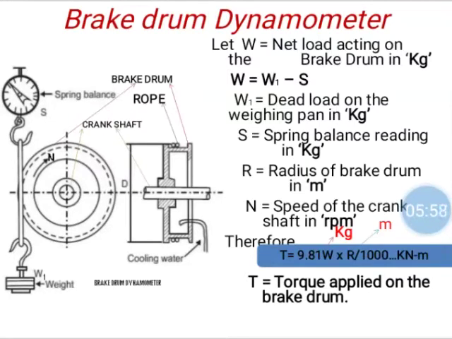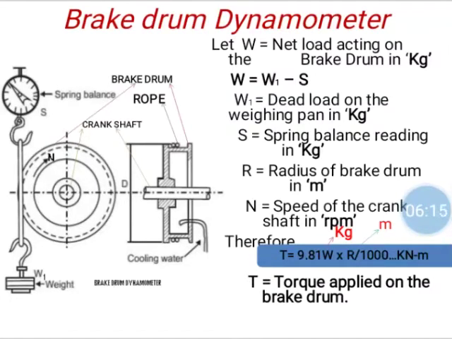Along with that, N is the speed of the crankshaft in RPM. It is measured using a speedometer.